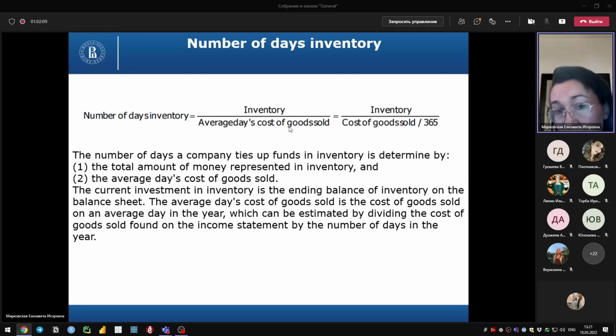So average days cost of goods sold can be calculated in the following way: cost of goods sold divided by the number of days in the year, 365.